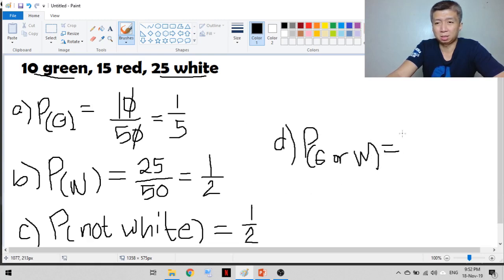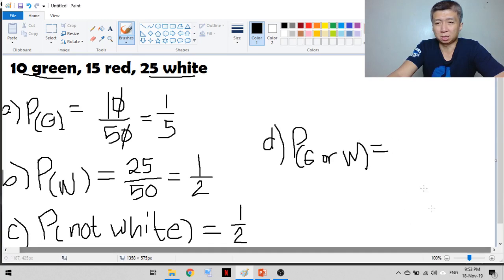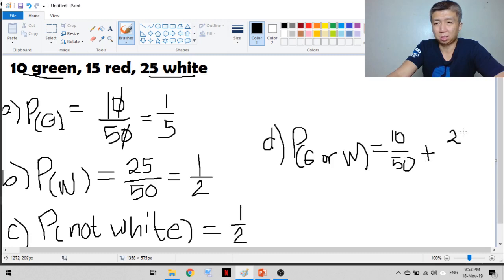Ilan yung green? 10 over 50. Plus. Ilan yung white? 25 over 50. So, meron tayong probability na 35 over 50.